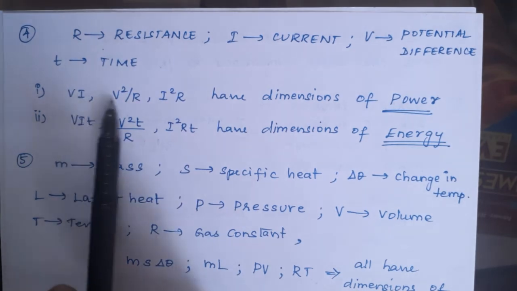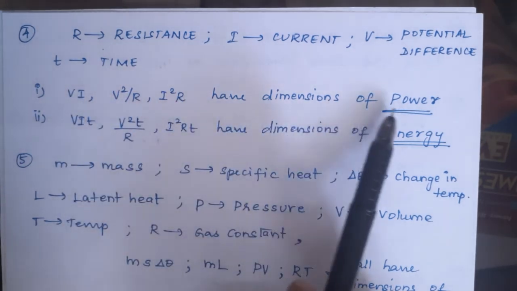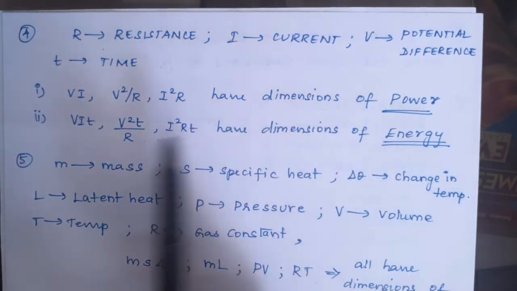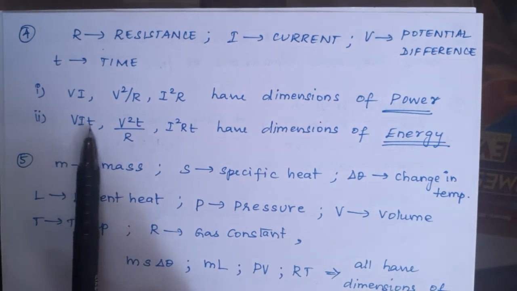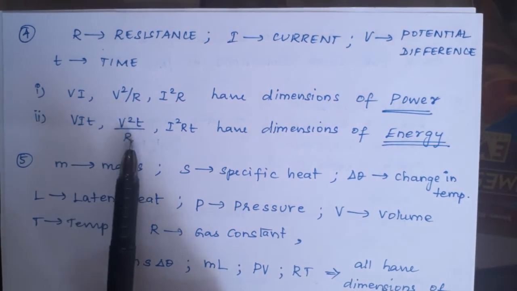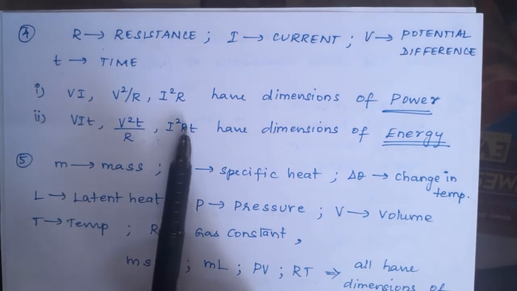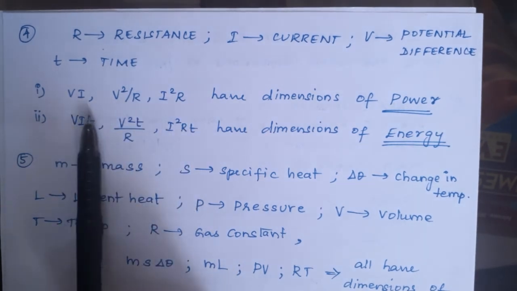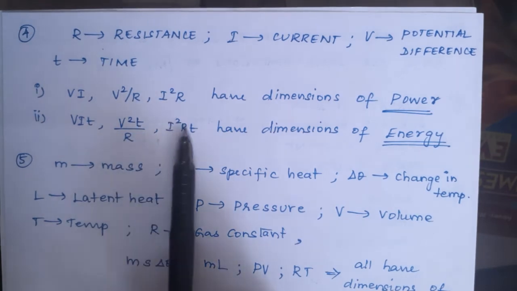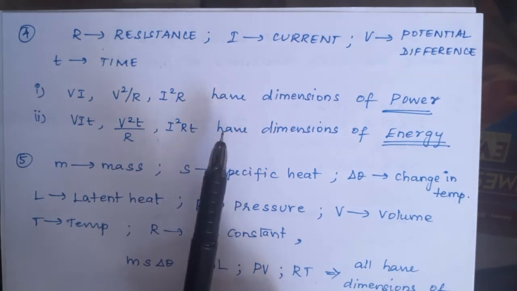So these relationships have the same dimension of power. And again, VIT, V square T by R, I square RT. All these relationships, all these products and equations refer to the equation of energy.